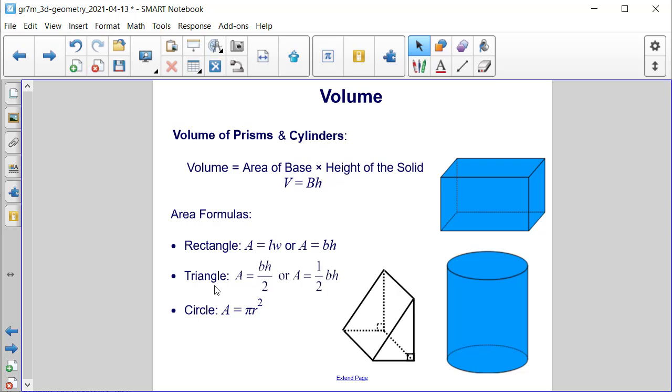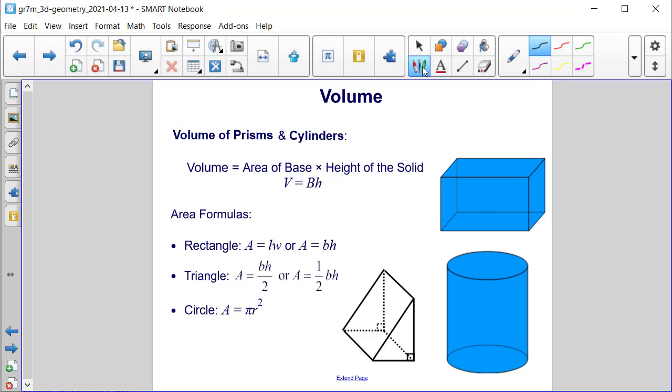Similarly with a triangle, if you have a triangular prism, you would calculate the area of the triangular base first, which is 1/2 base times height, and then you would multiply the area of this base times the height of the solid. And for a circle, or if you have a cylinder, you have pi times the radius squared as the area of the circular base.